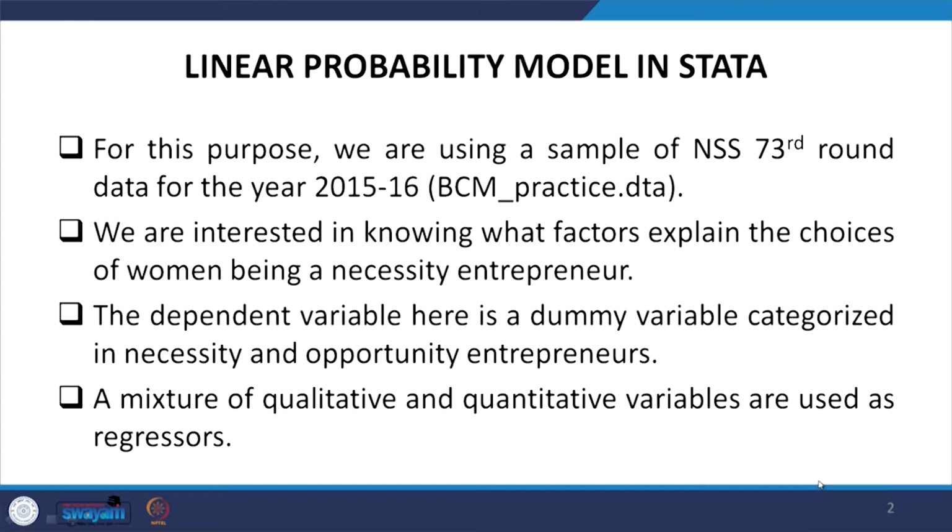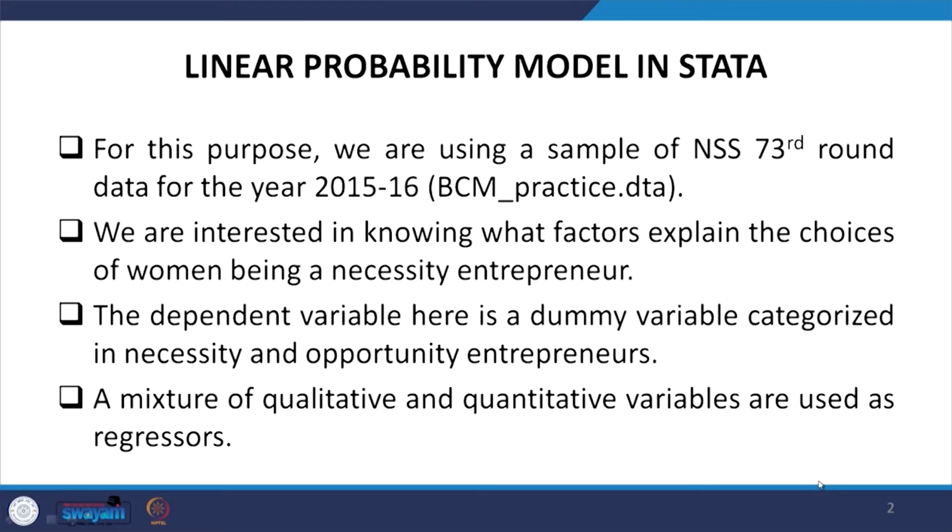And whether a woman is operating within that structure or not, accordingly we are going to emphasize. So, when we have necessity entrepreneur or non-necessity or opportunity entrepreneurs, we coded the category into two in a dichotomous format, that is simply called a dummy variable.